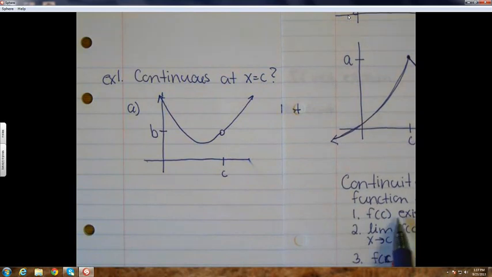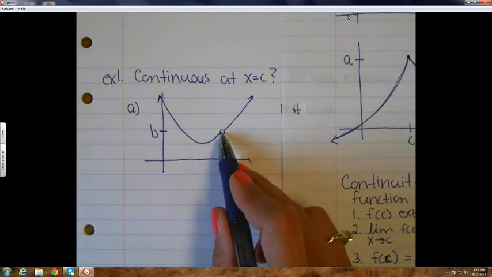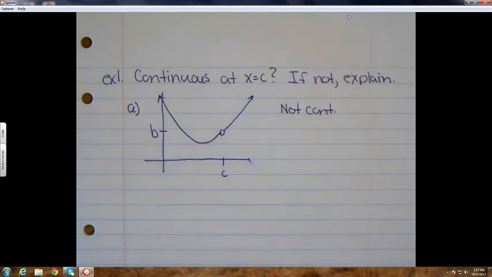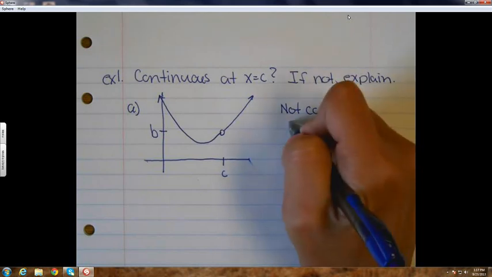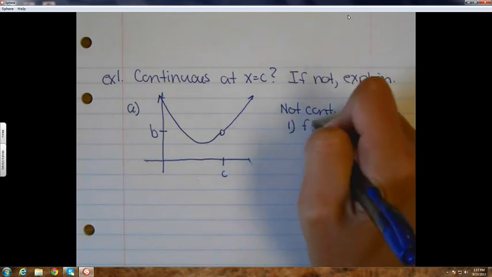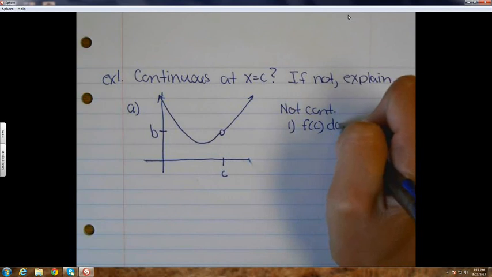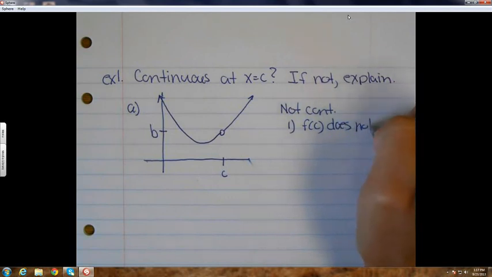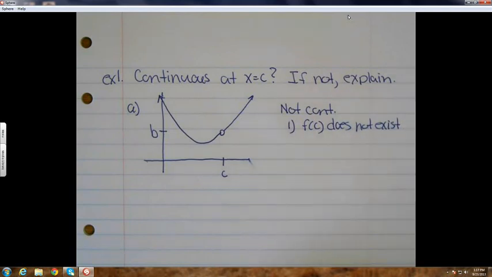In other words, is there a point on the graph when x is c? And if you look, there's a big old hole there, there's no point. So the very first part of the definition is what fails. F of c does not exist. So it can't be continuous. I don't have to look any farther. That's enough of an explanation.